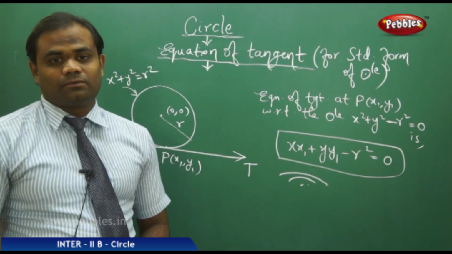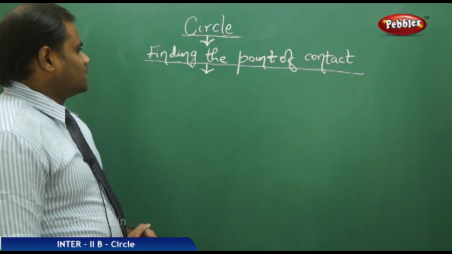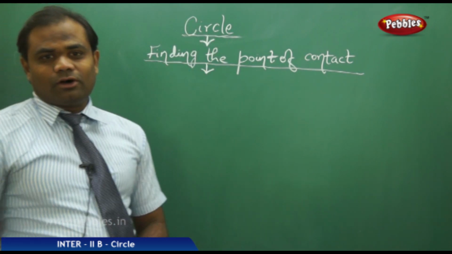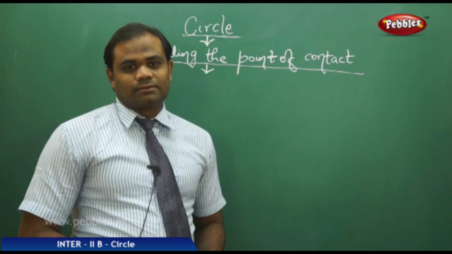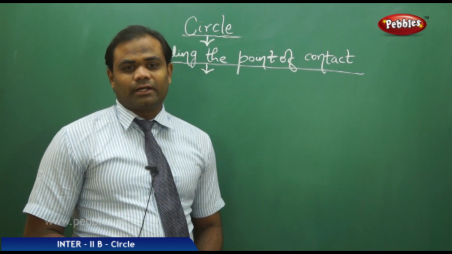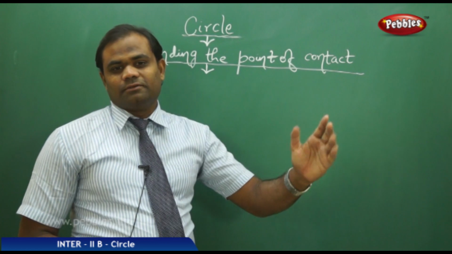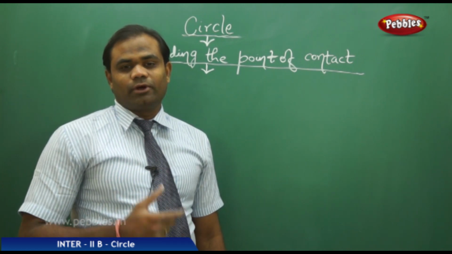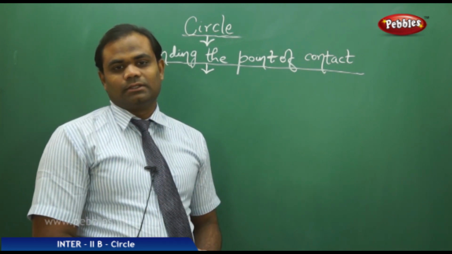Now let's understand the topic of finding the point of contact. How do we find the point of contact which the line makes with the circle, that is, the point where the tangent meets the circle?